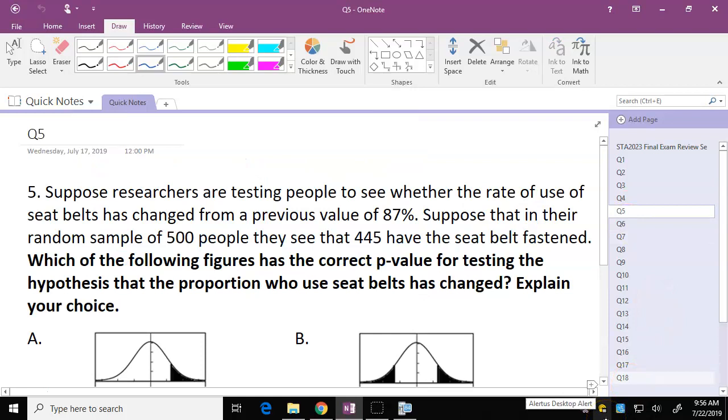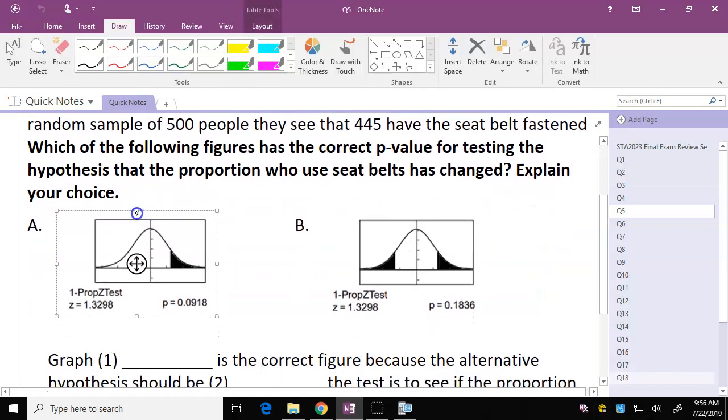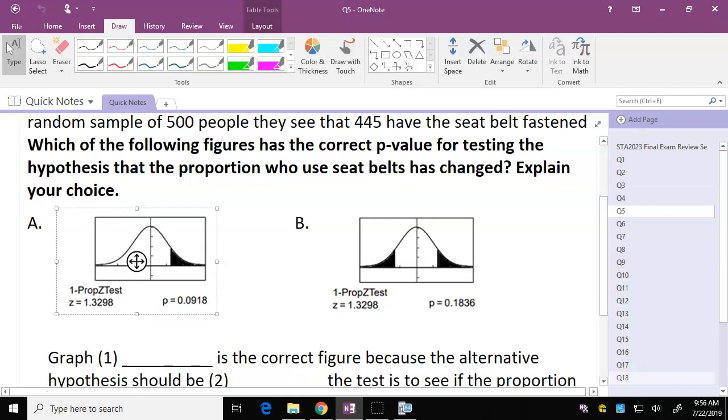Question 5. Moving on. So question 5, this one comes out of 8.2. It says, suppose researchers are testing people to see whether the rate of use of seatbelts has changed from a previous value of 87%. Suppose that in a random sample of 500 people, they see that 445 have seatbelts fastened.